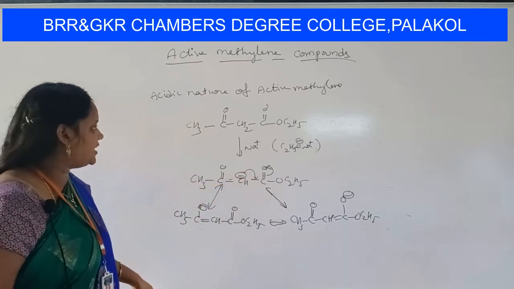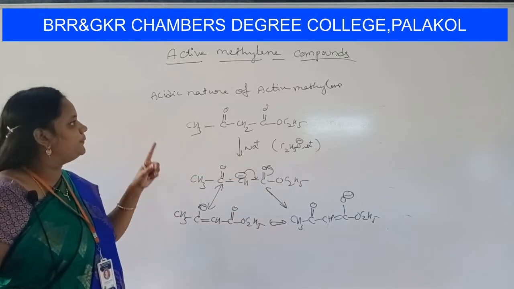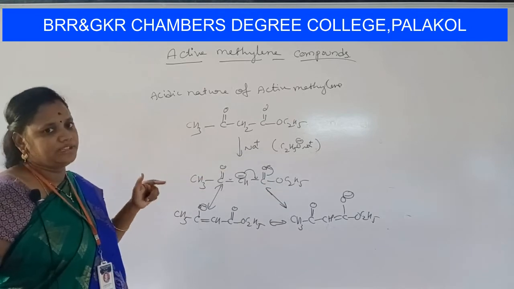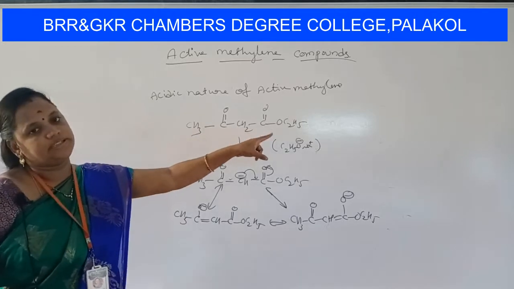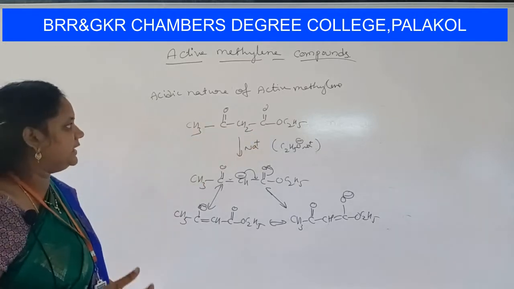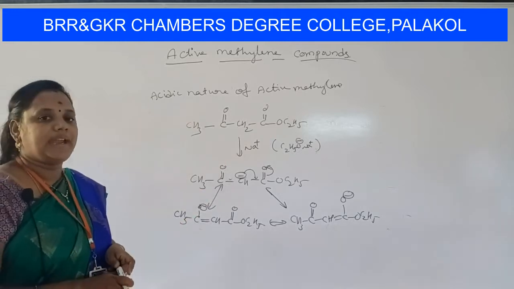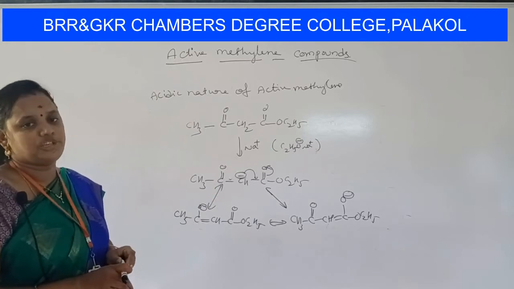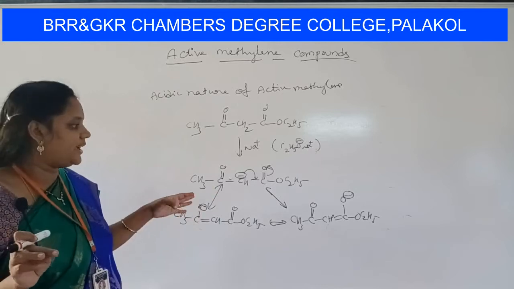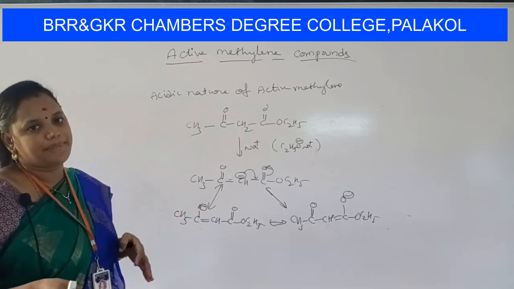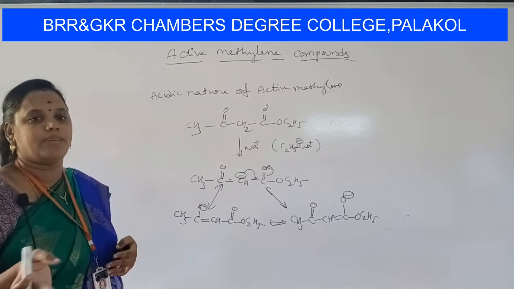This resonance stabilization confirms the acidity of the active methylene group, which is nothing but CH2 in the case of acetoacetic ester. Not only this, generally we can say by these resonance stabilized structures, the active methylene group CH2 is more active and easily releases a proton in the presence of sodium metal to form a carbanion, which is more reactive and can attack an electrophile easily to form a product.